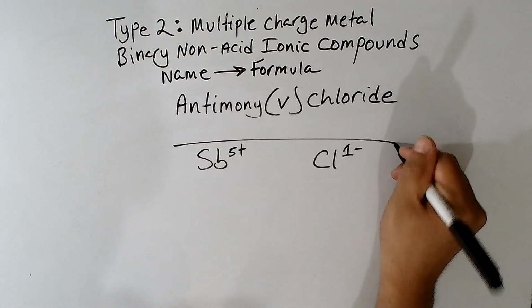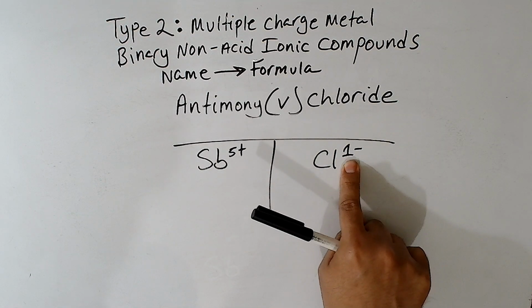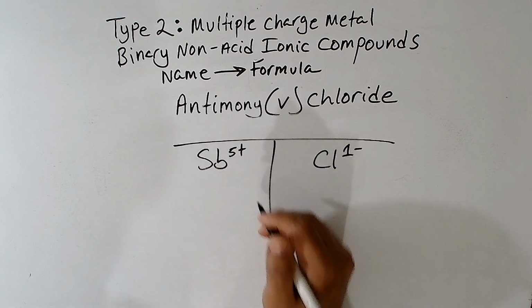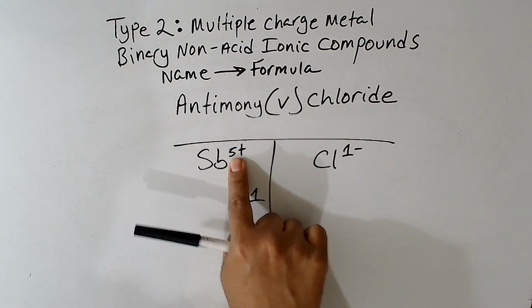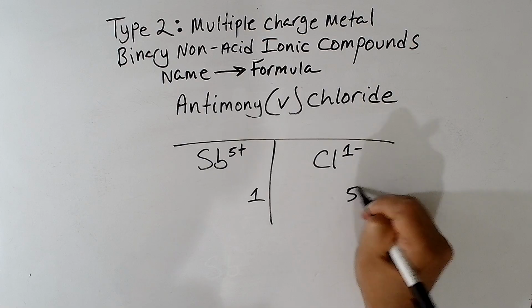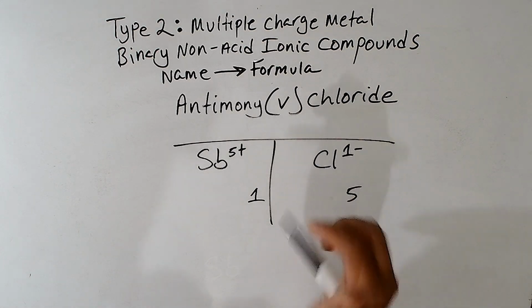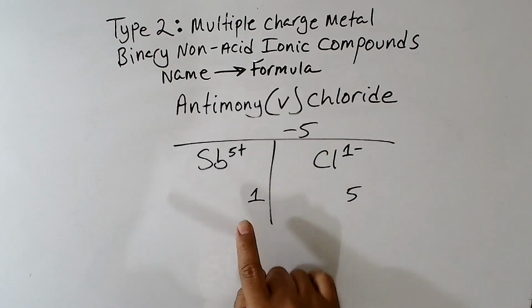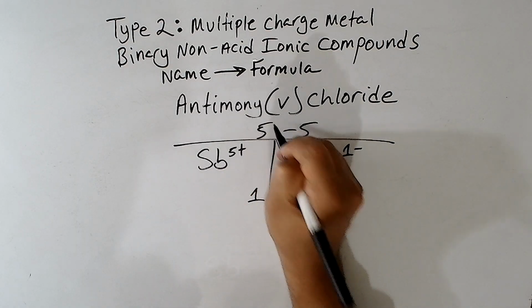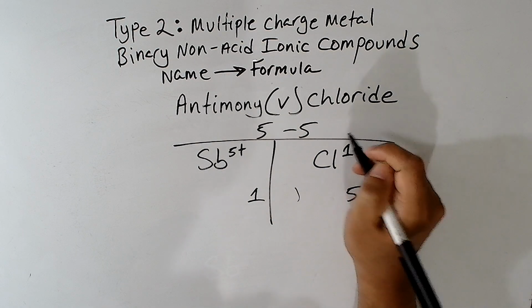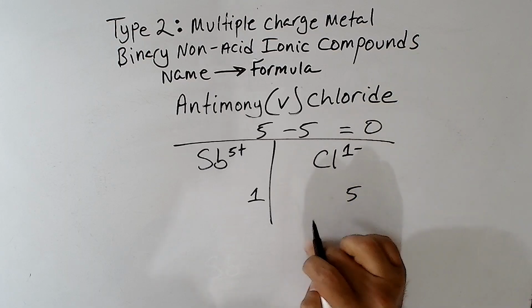So I'm going to create a T chart. I'm going to bring my 1 over here to the left side. I'm going to bring my 5 to the right side. Now I need to make sure that the compound balances to 0. So 5 times -1 gives me -5. 1 times 5 gives me 5. And 5 minus 5 equals 0.